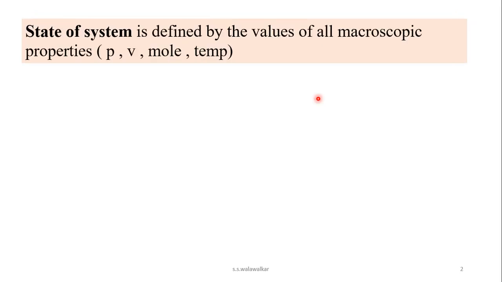State of a system means condition of the system. When macroscopic properties such as pressure, volume, temperature, number of moles of a system have definite values, then that condition is called the state of a system.